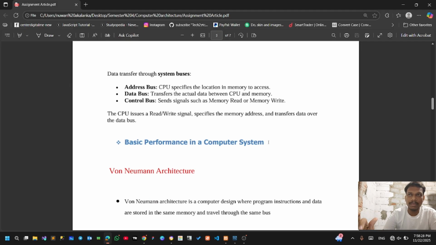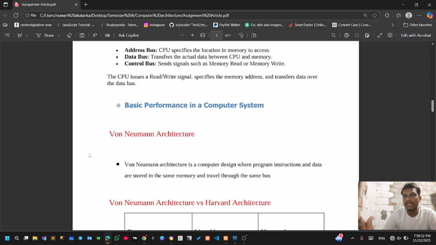Our next main topic is basic performance in a computer system. Here mainly von Neumann architecture and Harvard architecture. First we discuss von Neumann architecture. Von Neumann architecture is a computer design where program instructions and data are stored in the same memory and travel through the same bus.